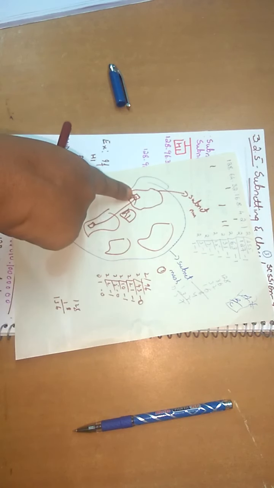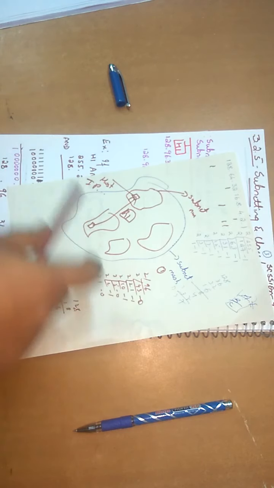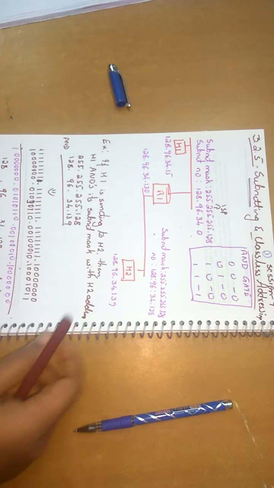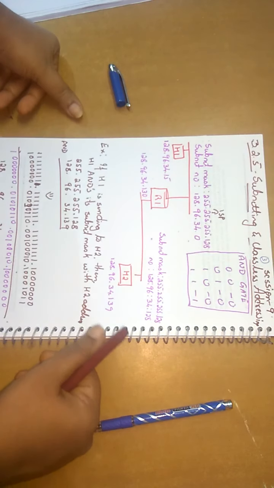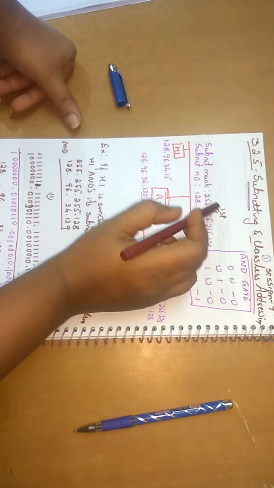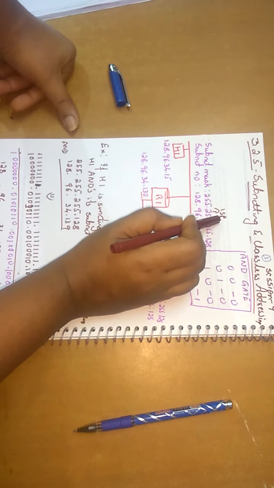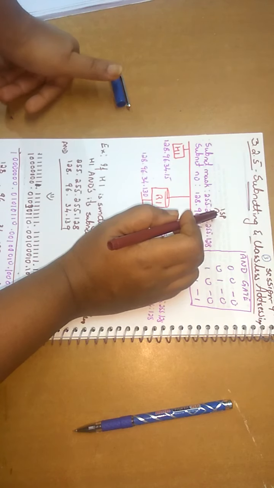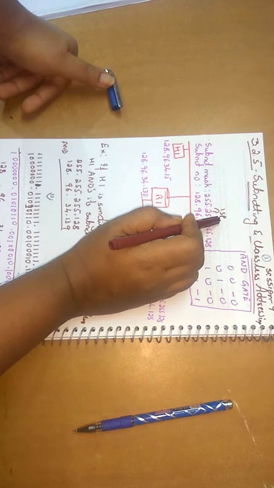Now we are discussing how, if H1 wants to pass a message to H2, it will be calculated. Who provides the subnet mask? The provider is the internet service provider, such as BSNL, Vodafone, Idea, whatever.